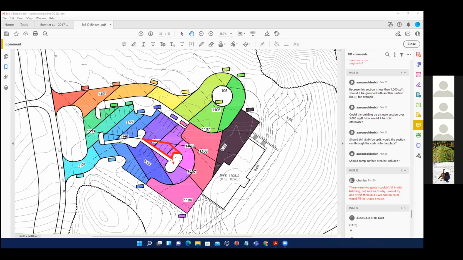And then that area would all go into this one, right? So these two could actually be one. They look pretty small.